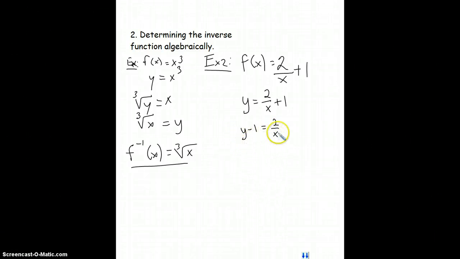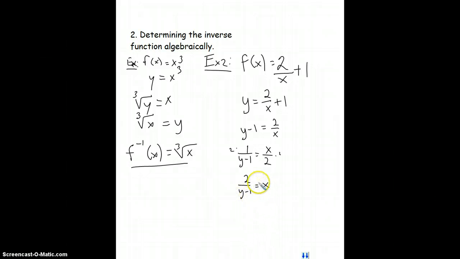Then in order to solve for x, we can multiply both sides by x, or we could just take the reciprocal of both sides. So we have 1 over y minus 1 equals x over 2. Then multiply both sides by 2, and we have 2 over y minus 1 equals x.